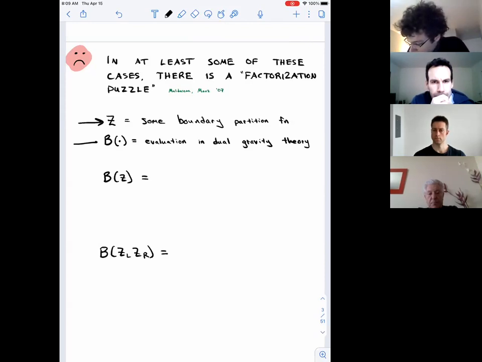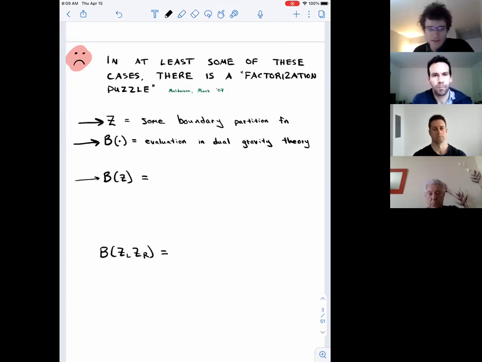Let's define a notation with capital B as a type of function that means evaluation in the dual gravity theory. So we have some partition function in the boundary theory, and we can consider evaluating it in the dual gravity theory.